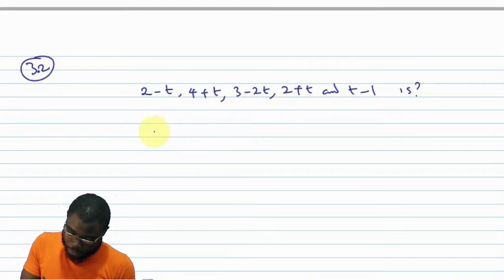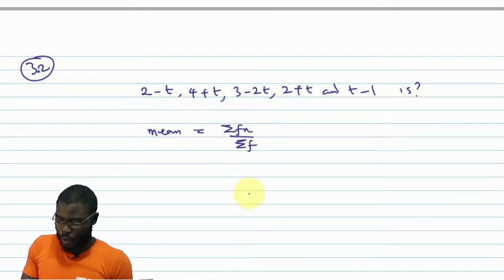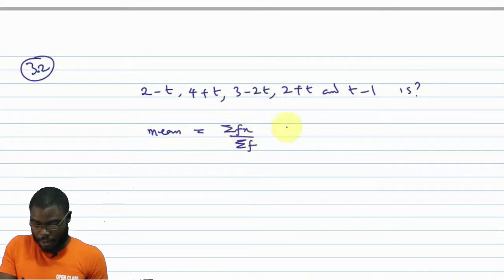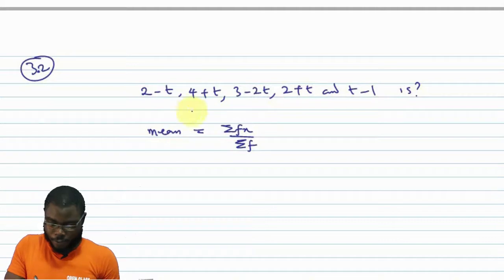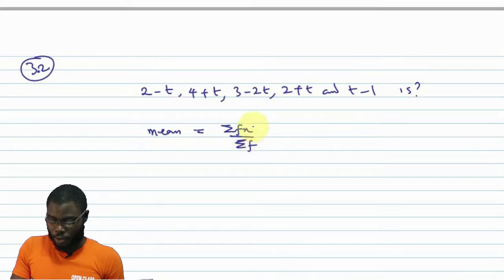Remember that your mean is sum of fx all over sum of f. What this means is you multiply these variables by the number of times they appear, and then you divide by the total number of appearances.